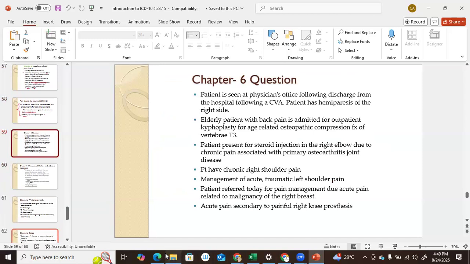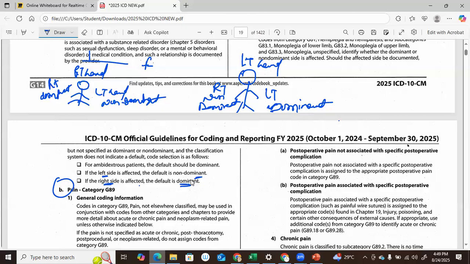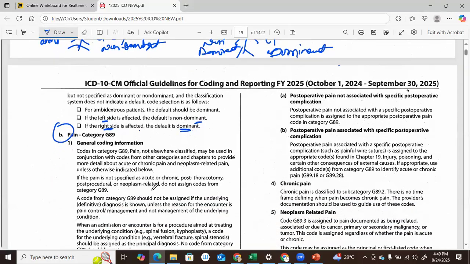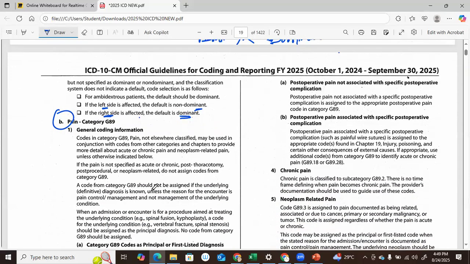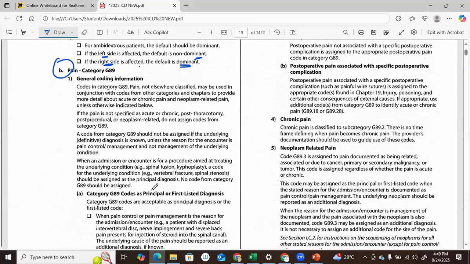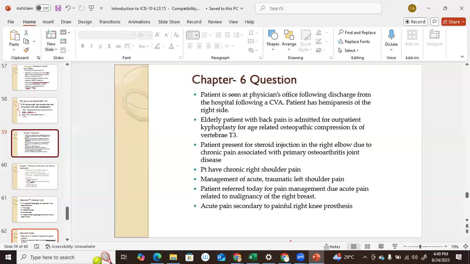So now let's go through the guidelines in the book. These are the same information. I'm going to send one question to all of you. Try to do that question first, then we will go through the guidelines.